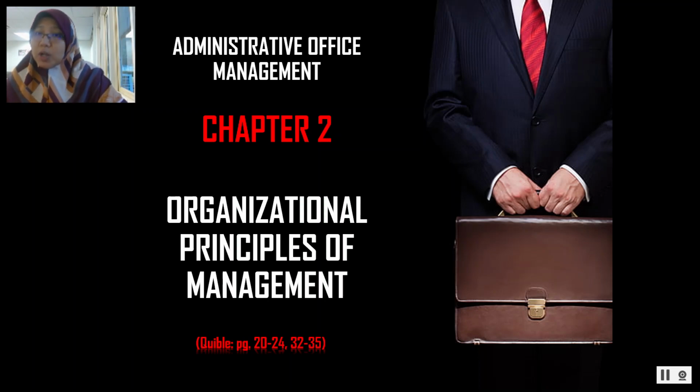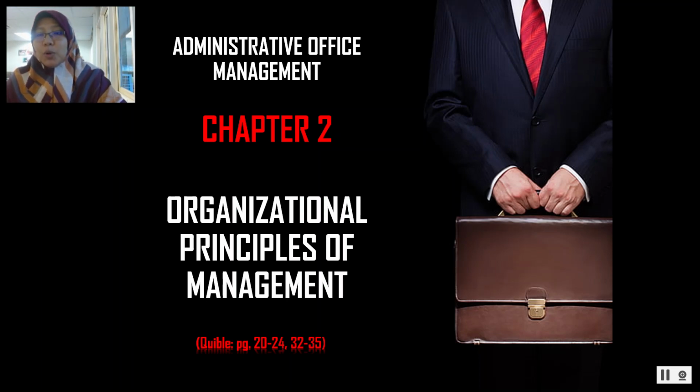And we also learn about the administrative office manager. So in chapter 1 we have learned about the responsibilities of the management function. We have learned about the job responsibility within each of the 4 functions. And if you can recall back, we have learned about the skills in administrative office management that include the conceptual, the human and also the technical skill.